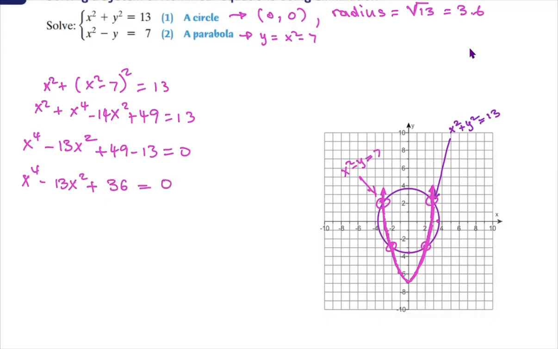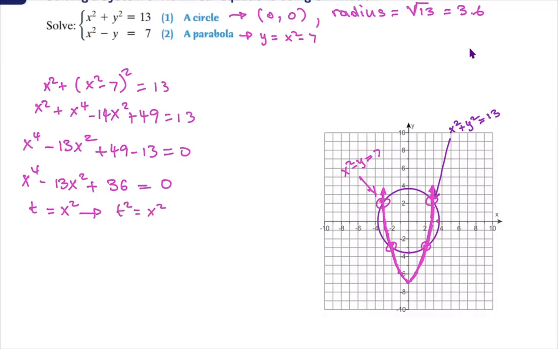Right? So this is like a quadratic equation where the variables are raised to power 2. So if I change the variable to t equals x squared, then t squared would be x to the fourth.